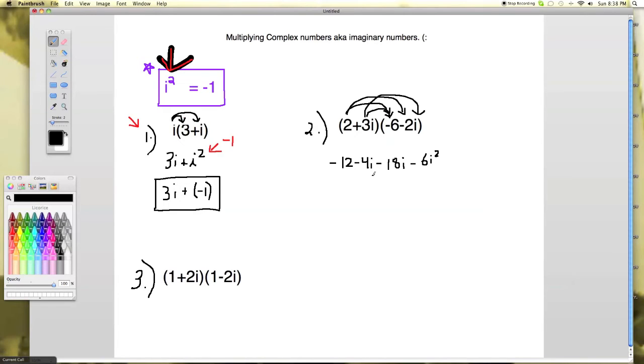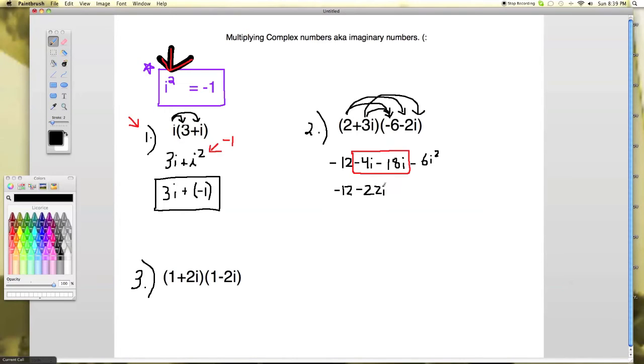We're going to bring down the -12, and then we know that since -4i and -18i have the same variable, which is i, we can add or subtract them. So -4i minus 18i is going to equal -22i.